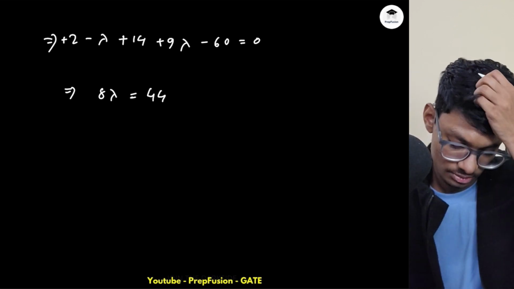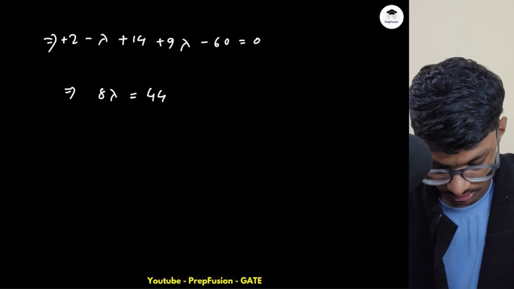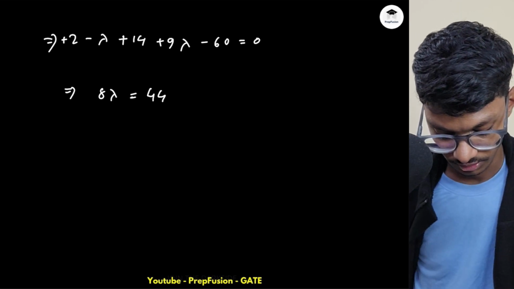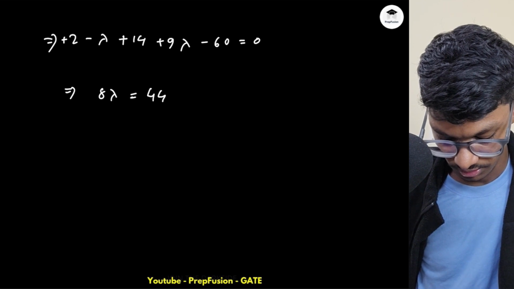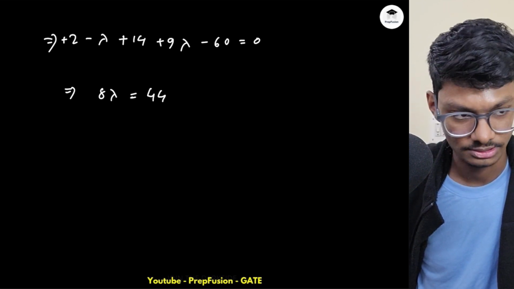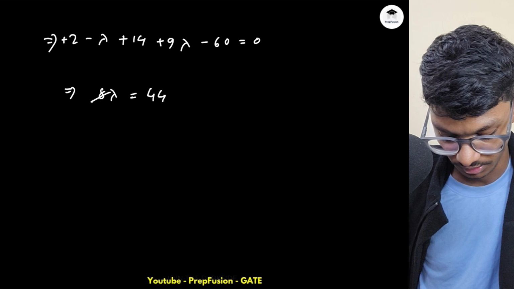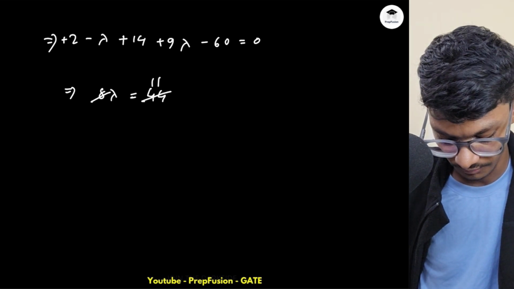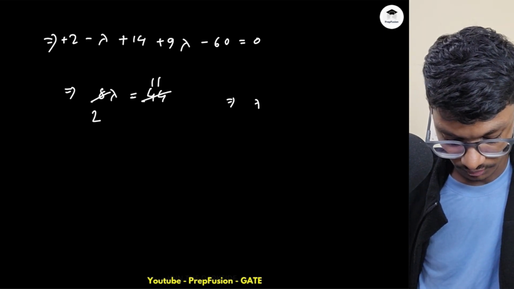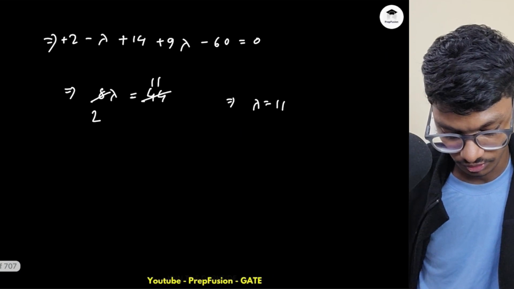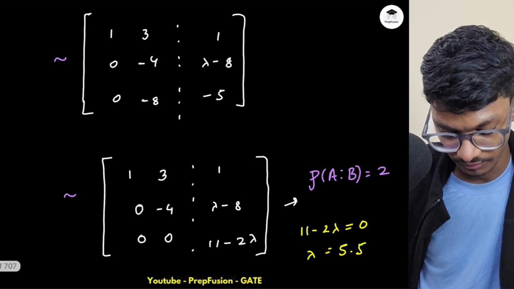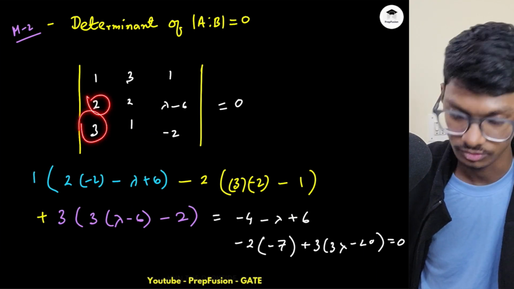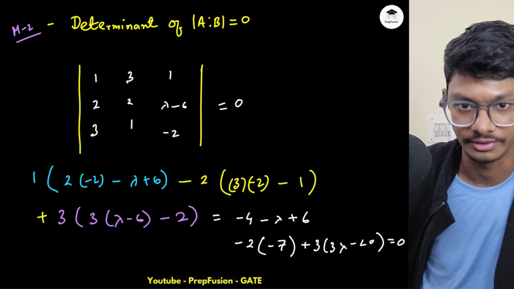If I divide by 4, this is 2 and 11, so lambda will be equal to 5.5. Or what you could have done is simply make these two rows 0, and from there you could easily find the determinant.